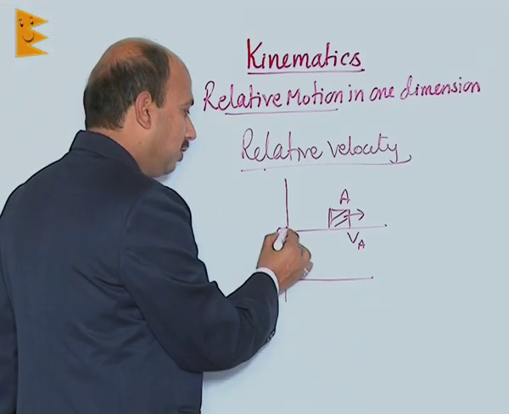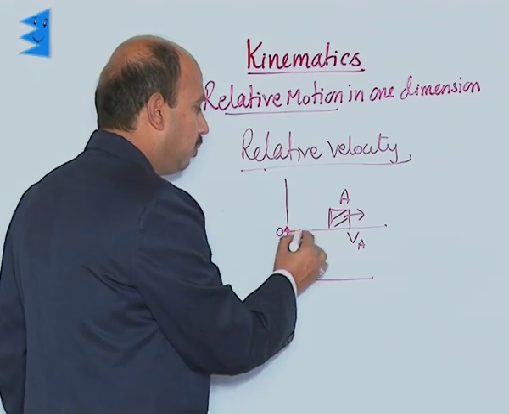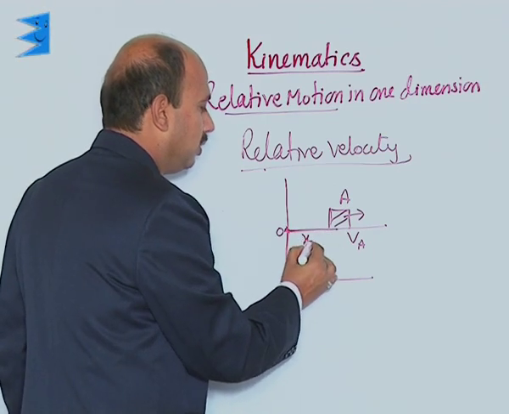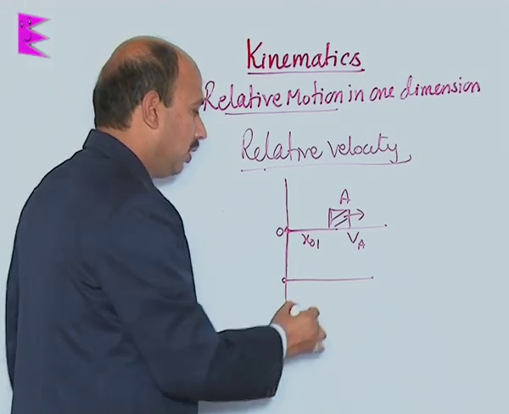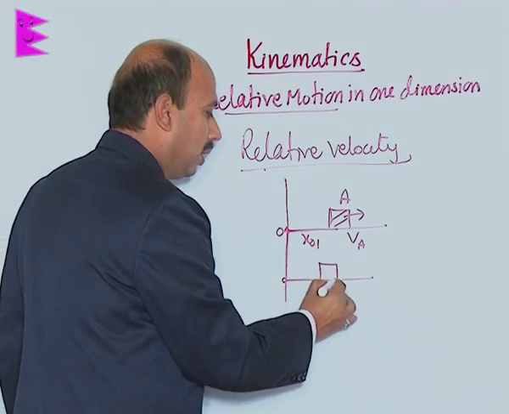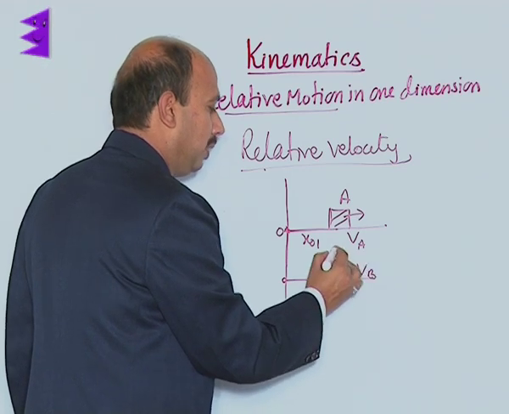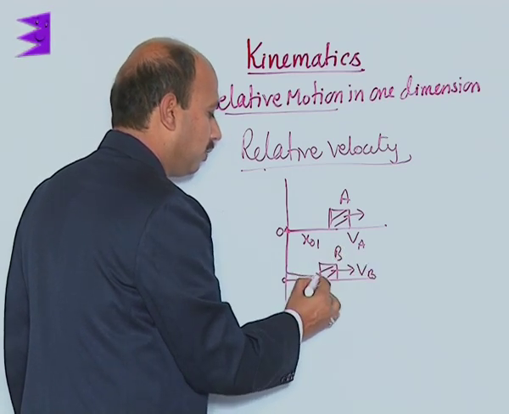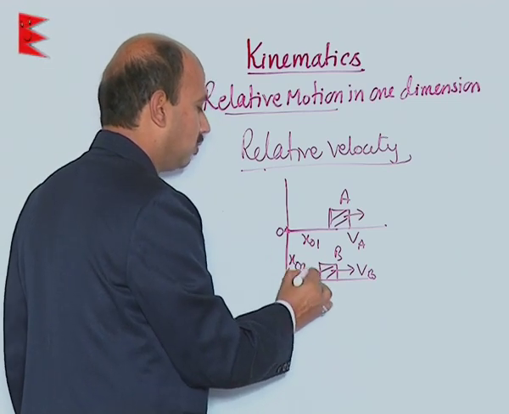I have taken this point as the origin from where we are studying the motion. Its initial position we can take as x naught 1. Similarly, body B is over here and it is moving with velocity VB, and its position with respect to origin is taken as x naught 2.